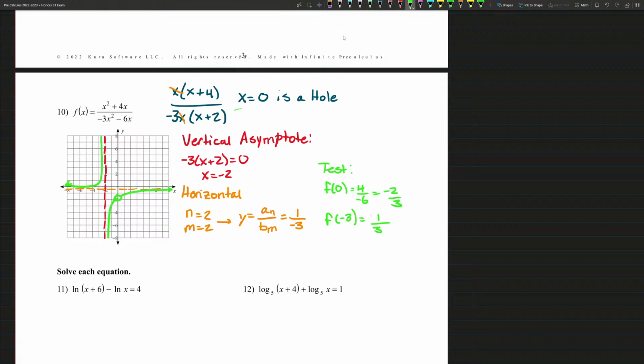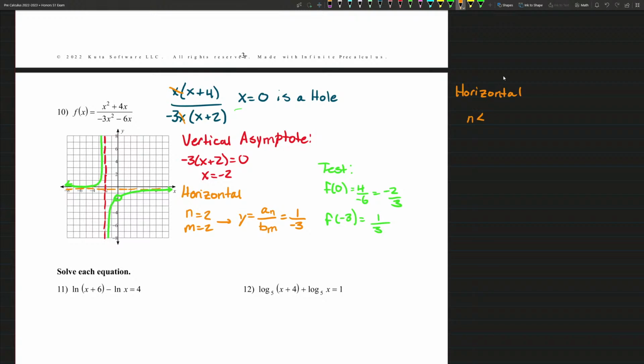Okay. There are 3 conditions, which I'll write down just because you didn't see them on this, for horizontal asymptotes.